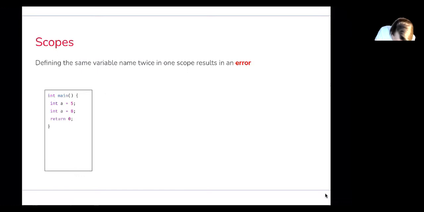So notice here, I declare an integer object identified by a, and then I attempt to bind a to another object through another declaration. Essentially what's going to happen is that you won't be able to get an executable. The compiler is going to complain and essentially say that, hey, a's already been introduced. It's bound to this object. You can't also have it bound to another object at the same time.